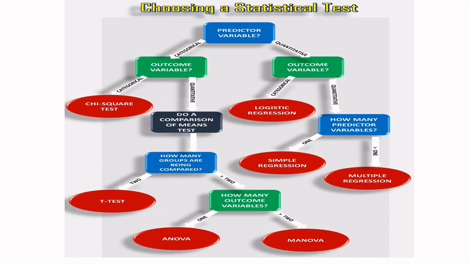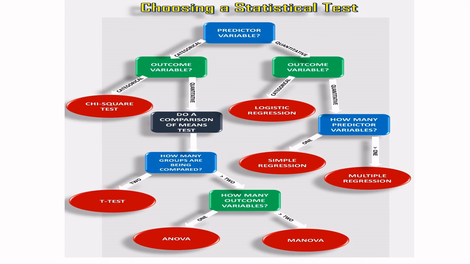If it is again categorical, only the chi-square test. If the outcome variable is quantifiable, we have converted the categorical variable into a numerical variable, and do a comparison. So how many groups? If it is 2, t-test. If it is more than 2, then check the outcome variable: if it is 1, ANOVA; if more than 1, we can go for MANOVA.